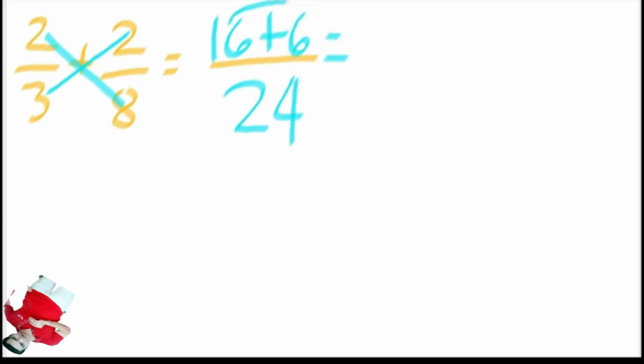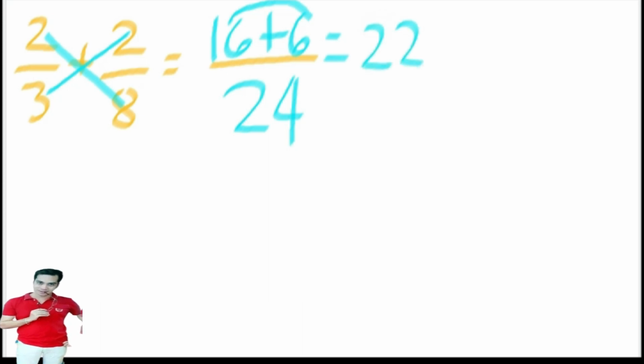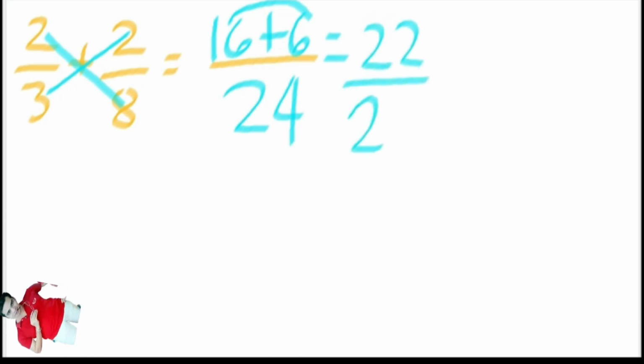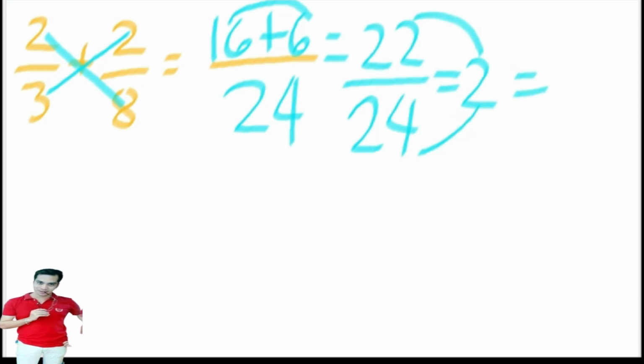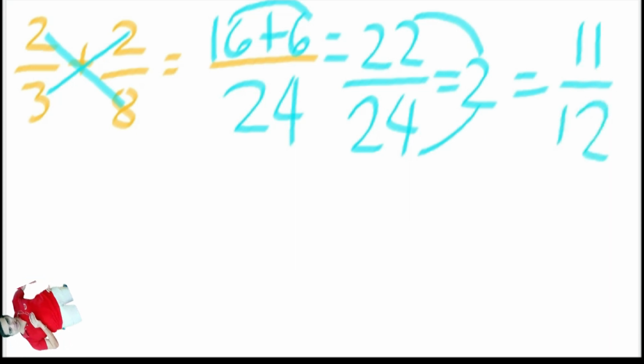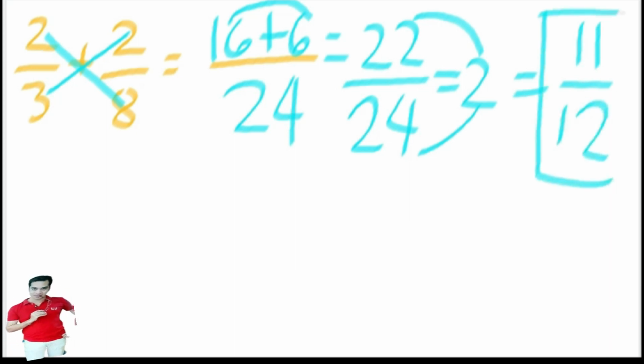So add 16 plus 6, the answer is 22. Then the denominator of 24. 22 over 24 is reduced to the lowest term by using the GCF. The GCF is 2, so you divide both sides. 22 divided by 2 is 11. 24 divided by 2 is 12. So your answer is 11 over 12.